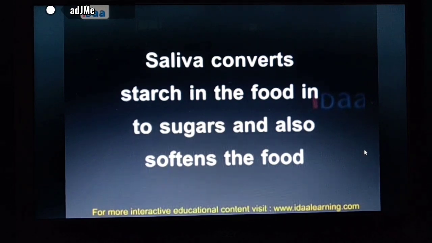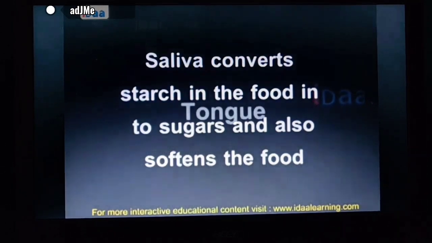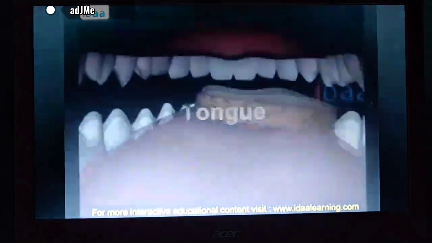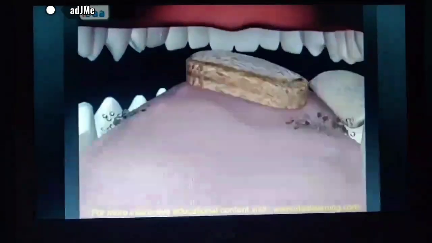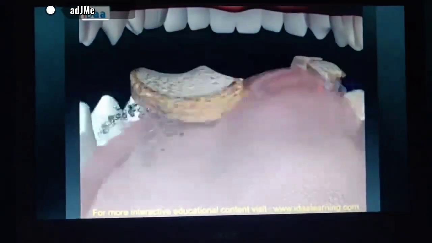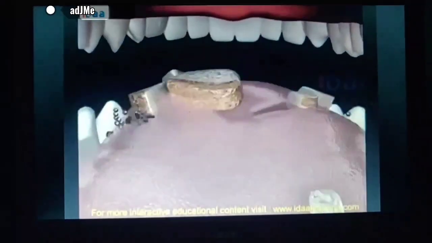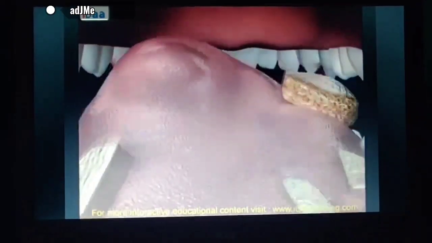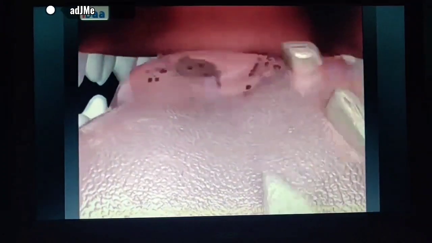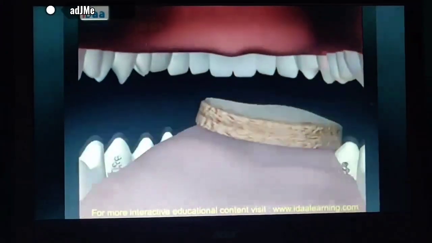Then this food is crushed in the mouth, and I hope you remember I said last class, digestion starts in the mouth, because we have saliva which starts the digestion of carbohydrates. So digestion starts in the mouth.